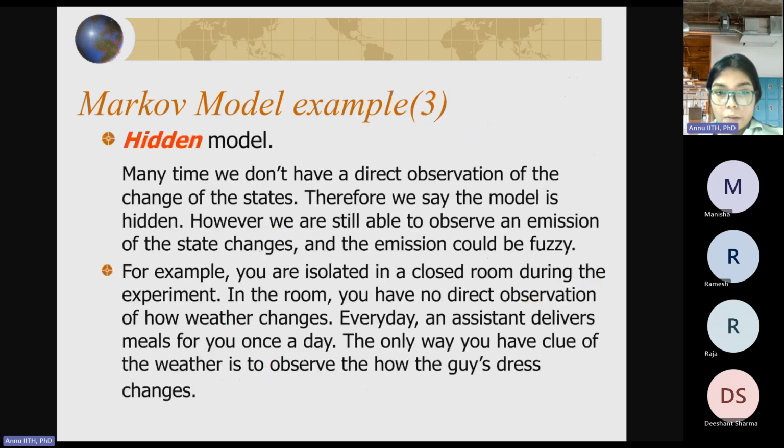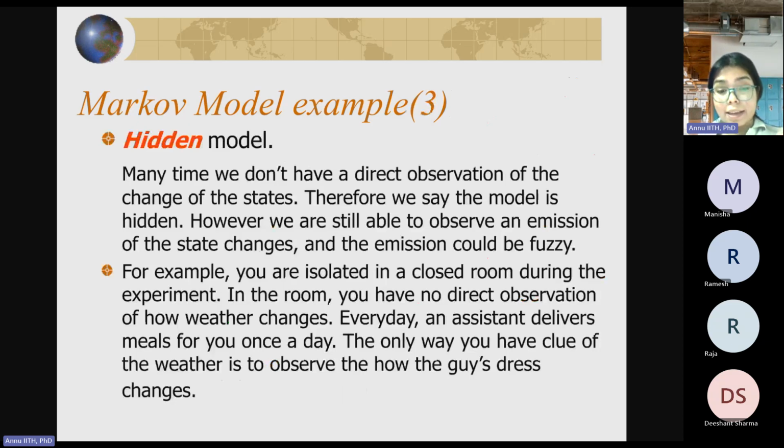So yeah, Markov model example, hidden model. Many times we don't have a direct observation of the change of states. Therefore, we say that the model is hidden. However, we are still able to find some observation or emission of the state changes, and the emission could be fuzzy. For example, you are isolated in a closed room during an experiment, and in the room you have no direct observation of how the weather changes.